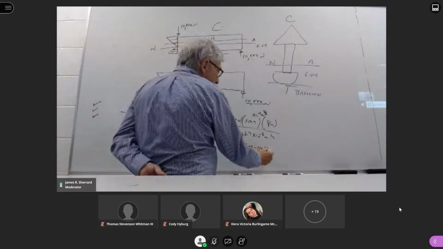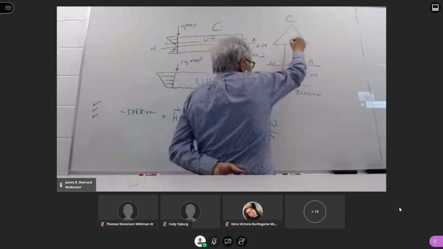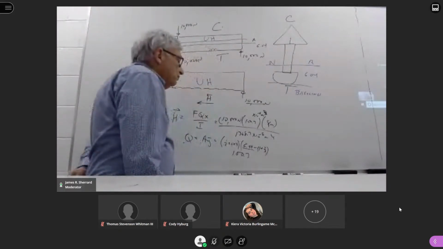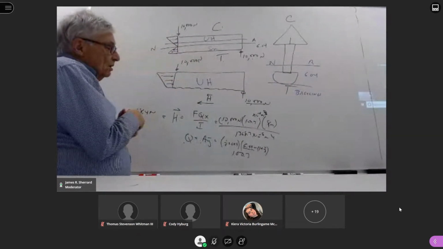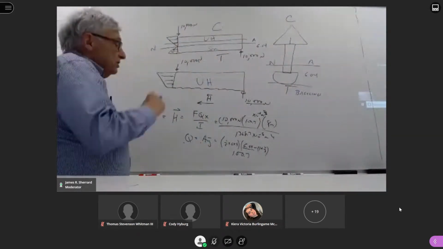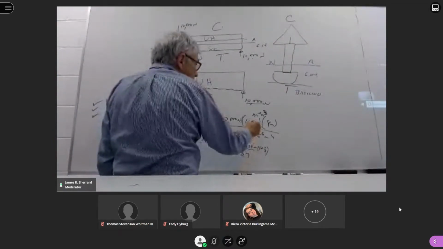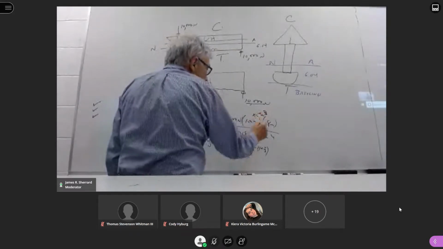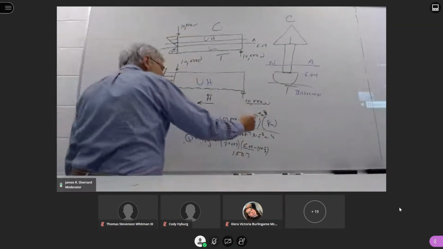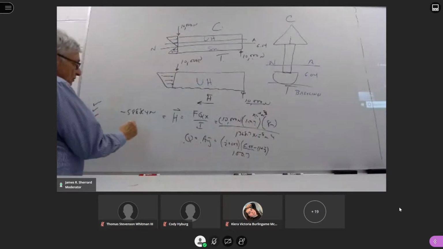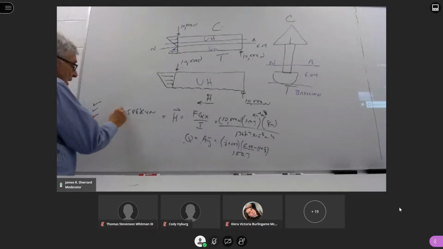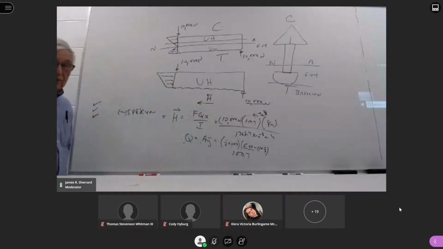So it took you 11 to get from here to here, and then 3/4 was that distance. That made this whole thing, when I multiplied it out, 100.7 times 10 to the minus 6 meters to the third. If I threw that back in here, I came up with a value of 5,888.4 newtons. And I put a minus here just because it's going in that direction. Any questions on that?